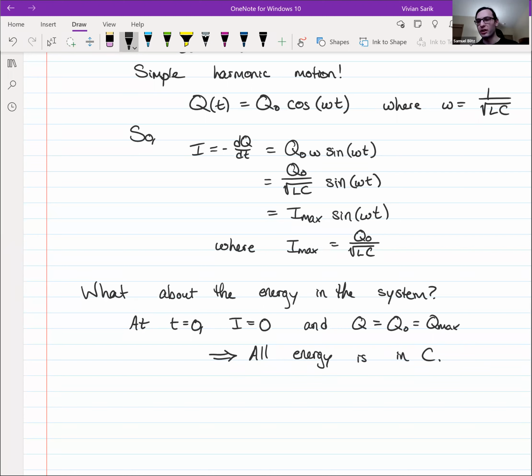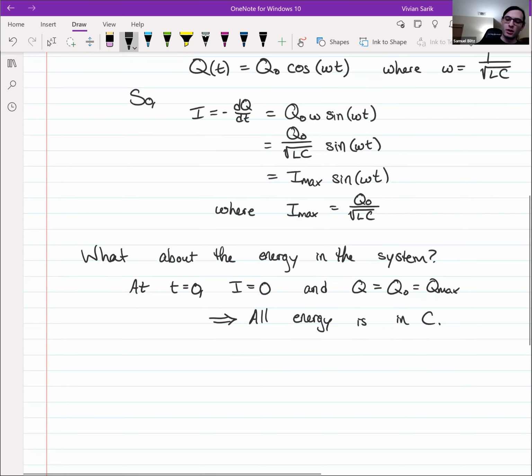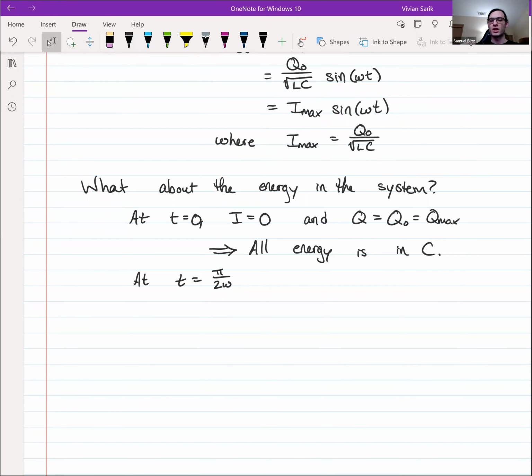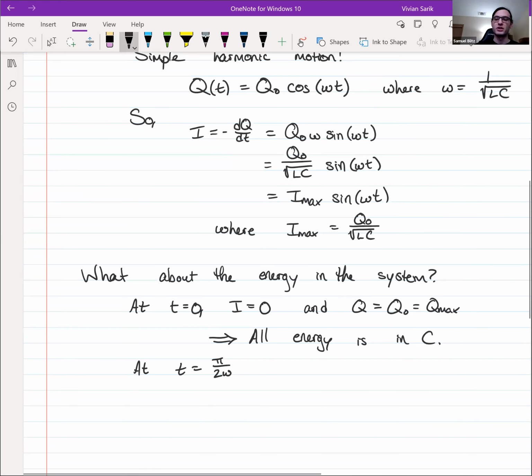And that's not surprising. The capacitor starts out charged before the switch is closed, and there's no current flowing through the inductor when the switch is closed, so there'd be no energy there. At a later time, at t equals, say, pi over 2 omega, this is a quarter of a cycle through. So you could imagine plugging pi over 2 omega into the current and into the charge.